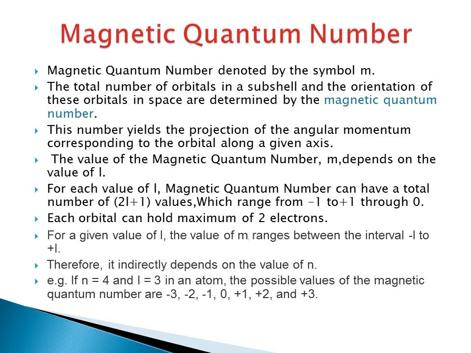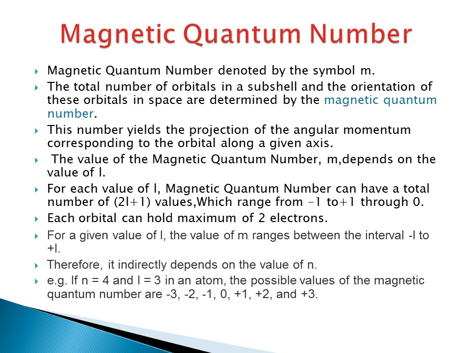Therefore, it indicates that directly, it depends upon the value of n. For example, if n is equal to 4 and l is equal to 3, that is, the principal quantum number n is equal to 4 and the azimuthal quantum number l is equal to 3 in an atom, then the possible values of magnetic quantum number are, how many values are here?